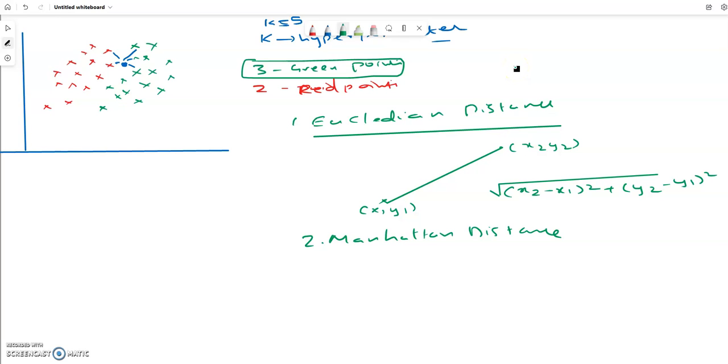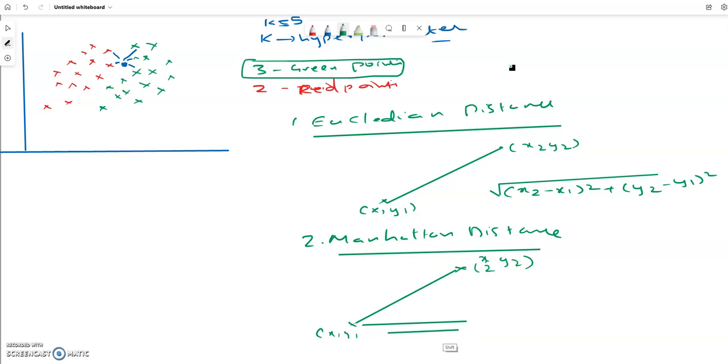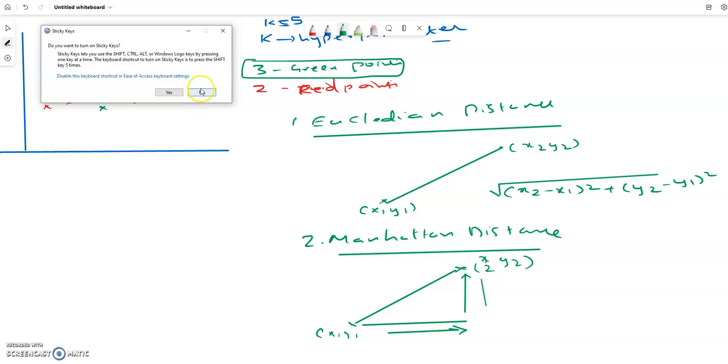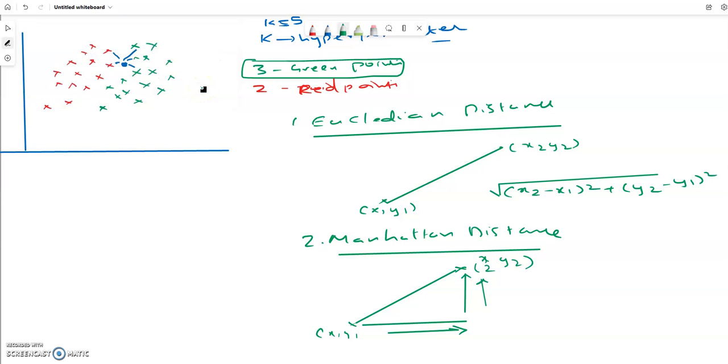This is Euclidean distance. Now let's see how we can calculate with the help of Manhattan distance. Similarly, we have 2 points here, x1 y1 and x2 y2. So here we cover this horizontal path and we also cover this vertical path.